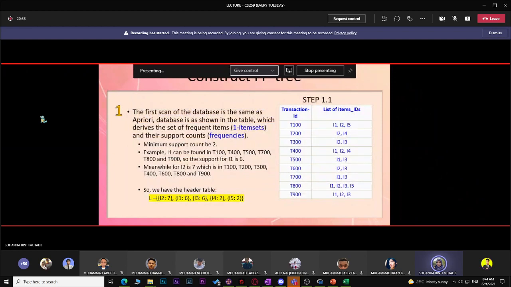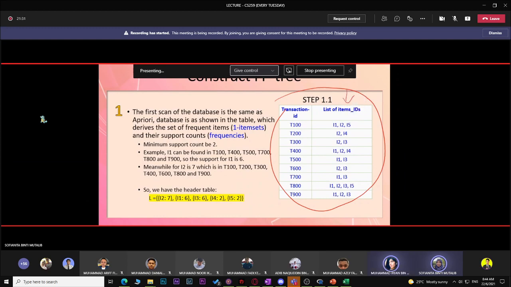The first process here: given to you, there is a data set. How many transactions do you see in the data set? Nine. Okay, good. And here, if you look at the list of items, what are the items that can be found?